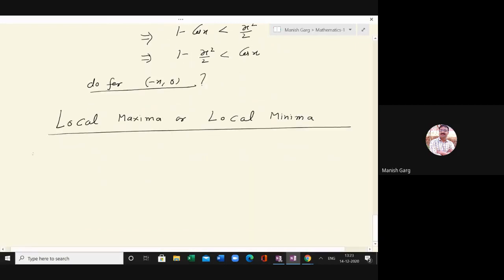I am writing the first definition, then geometrically I will tell you after completing the definition. It says let I, a subset of R, be an interval and f from I to R be a function.